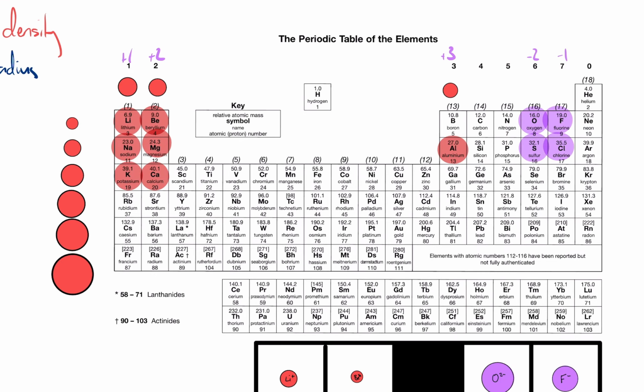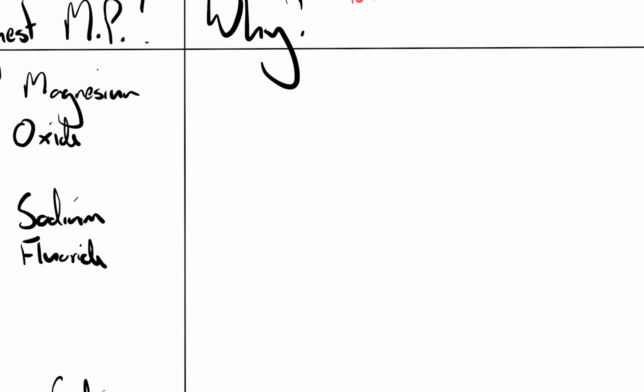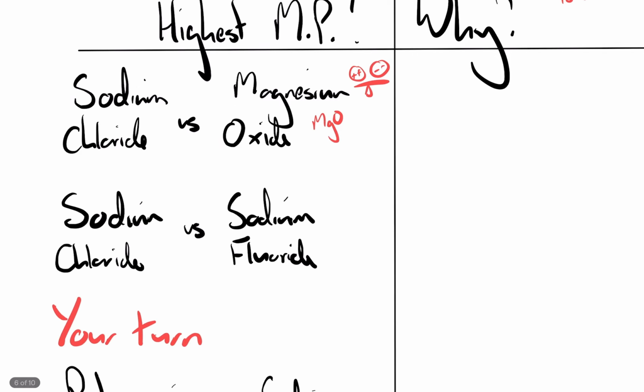Magnesium and oxide, we're going to have a formula of MgO. Remembering our little scales, we've got our 2 pluses from our magnesium, we've got our 2 minuses from our oxygen, that's perfect. For sodium chloride, we've got NaCl. This time we've got our +1 charge from sodium, our minus 1 for chloride.